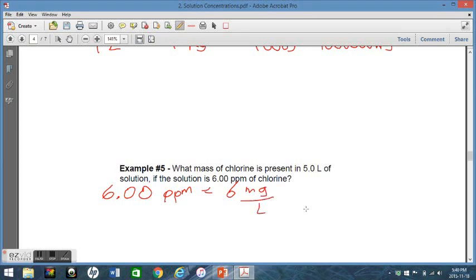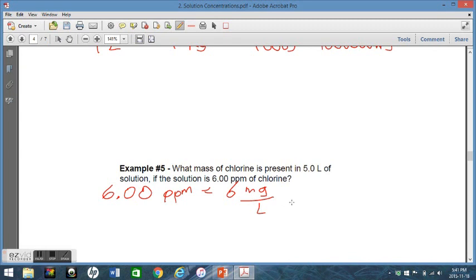Okay, lovely. And now we have to look and say, how many liters of solution do we have? We have 5 liters of solution.